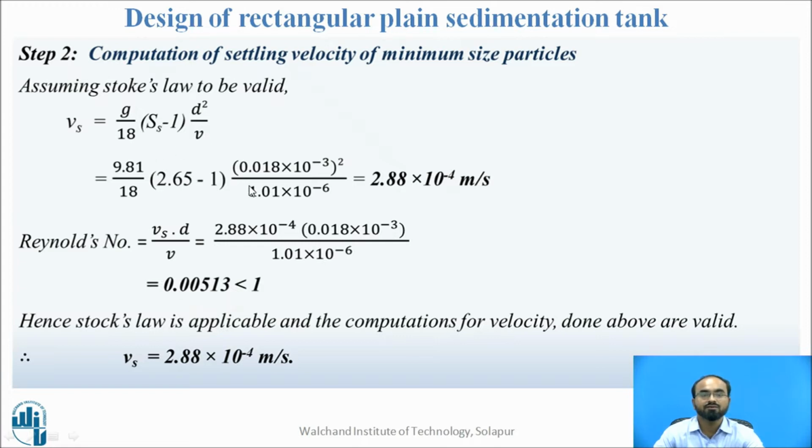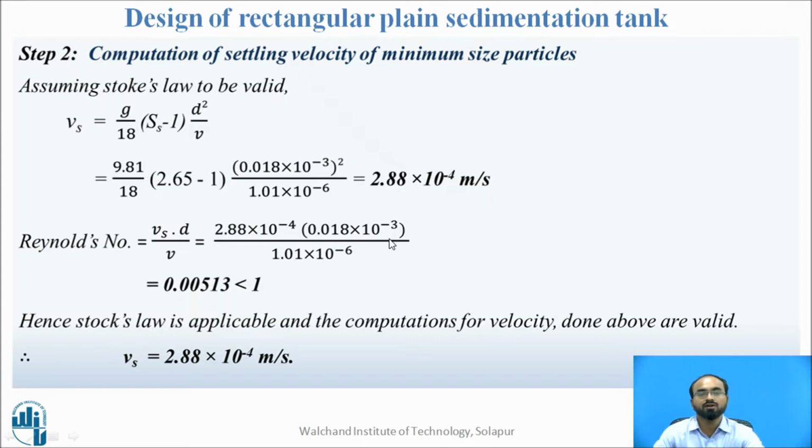So we know all the values: 9.81 divided by 18 multiplied by 2.65, which is given in the problem statement, minus 1, multiplied by 0.018 into 10 raised to minus 3 whole square, that is the diameter of particle, divided by kinematic viscosity, given in the problem as 1.01 into 10 raised to minus 6. The total value comes to 2.88 into 10 raised to minus 4 meter per second.